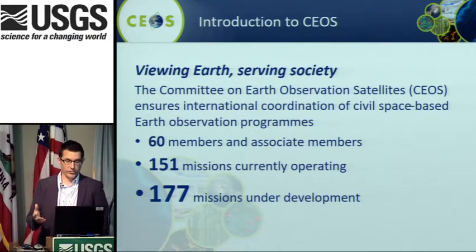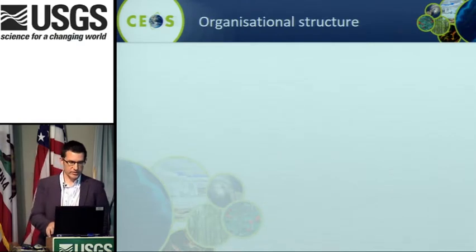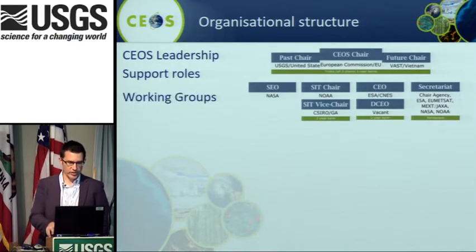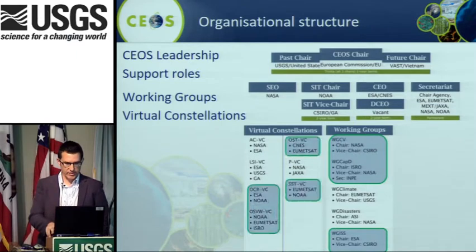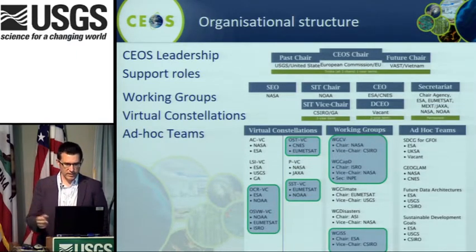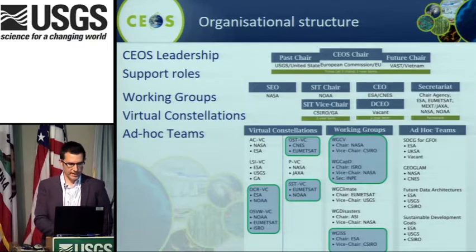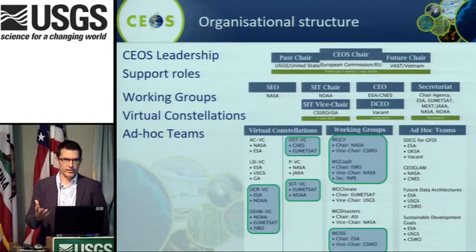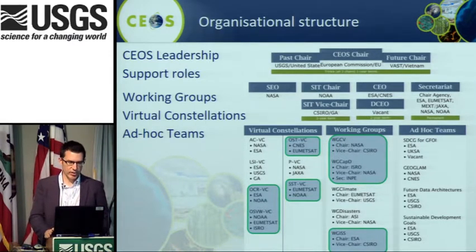It takes the form of a number of pretty large meetings over the year, and specific meetings on different groups. So I'm not going to go into detail about the structure, but just to say that on this subject, we have in this little corner here the Land Surface Imaging Virtual Constellation, which is very relevant to this subject, and the Future Data Architectures group here, which is an ad hoc group which has been spun up just to think about this particular subject of where the EO ecosystem is going.